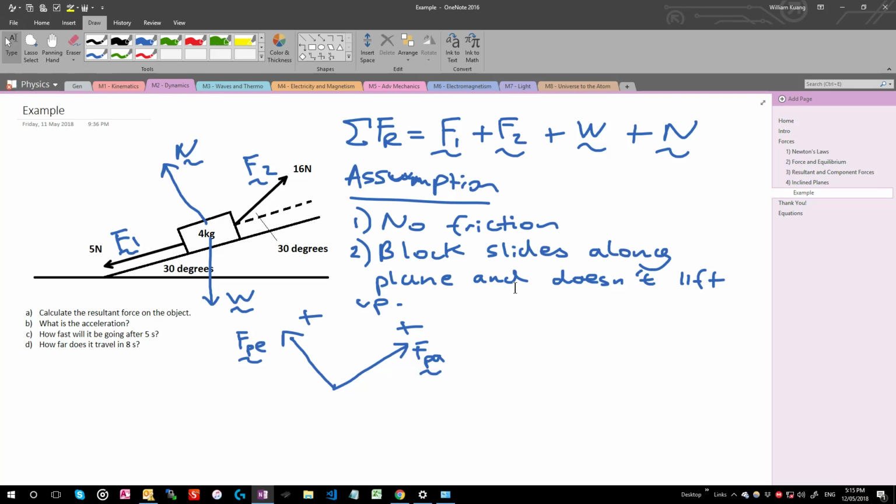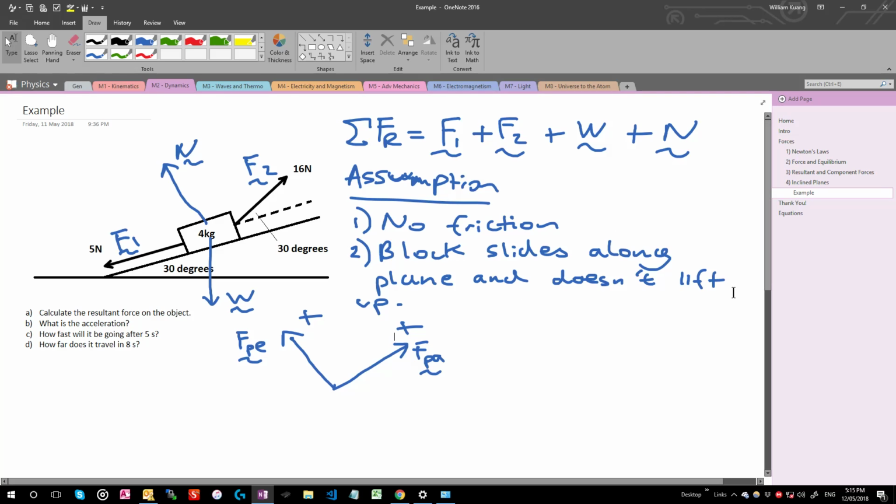All right, so let's talk about number 2 and why it's a shortcut. If you make the assumption that it just slides along the plane, so it could either slide down or slide up, but it doesn't lift up and it doesn't sink into the plane, then you can assume that the sum of all forces in the perpendicular direction is equal to 0. So you literally do not even need to think about anything in the perpendicular direction.